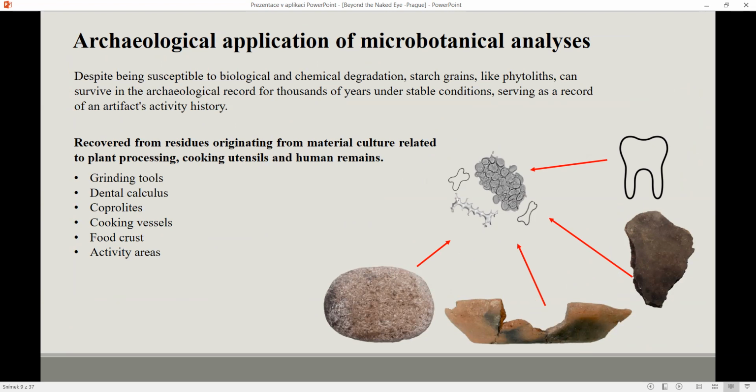They can be recovered from residues originating from material culture involving plant processing artifacts, cooking utensils, and even human remains, more specifically, grinding tools, dental calculus, coprolites, cooking vessels, food crusts, and even the activity areas where these plant processing activities are taking place.